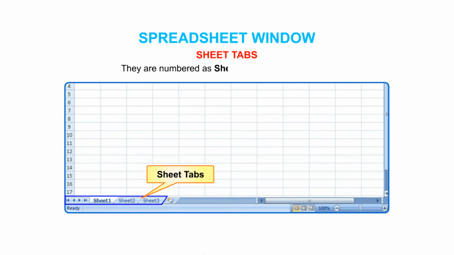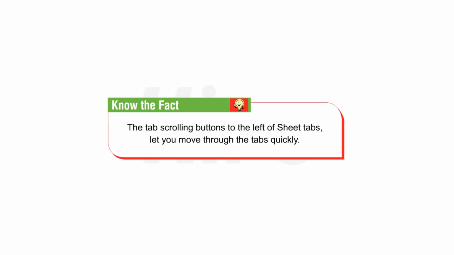They are numbered as Sheet 1, Sheet 2 and Sheet 3. On clicking a particular sheet tab, that worksheet becomes the active worksheet. You can add a number of worksheets in a workbook according to your need. Alright students, note the fact that the tab scrolling buttons to the left of the sheet tabs let you move through the tabs quickly.